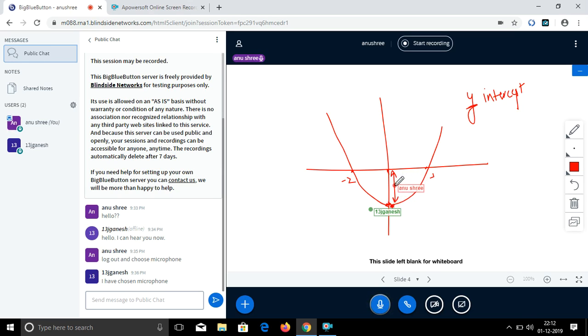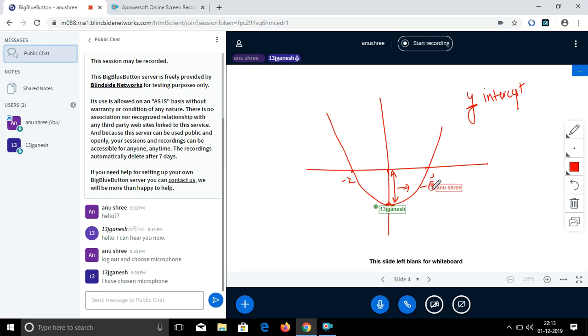So you tell me in your curve what is the value of y-intercept. At which point is your curve cutting the y-axis? It's cutting at -6. Yes, so your y-intercept is -6. Clear?